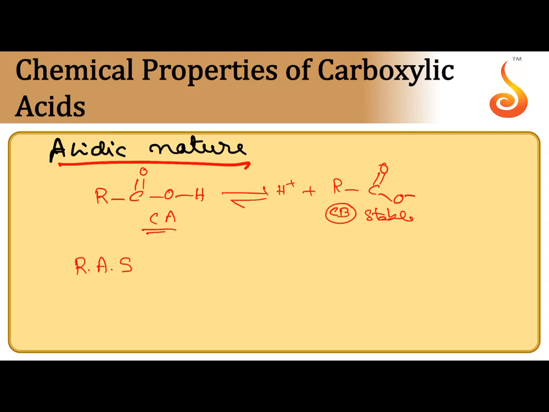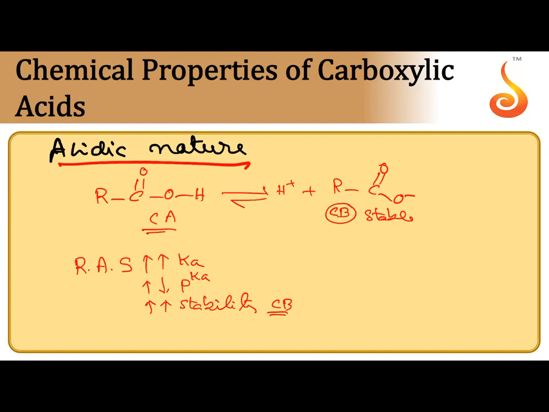So relative acidic strength. When two acids are given, how can we find out which is stronger acid? Relative acidic strength increases when experimentally determined Ka value increases. It increases when experimentally determined pKa value decreases. Relative acidic strength increases when stability of conjugate base carboxylate ion increases.